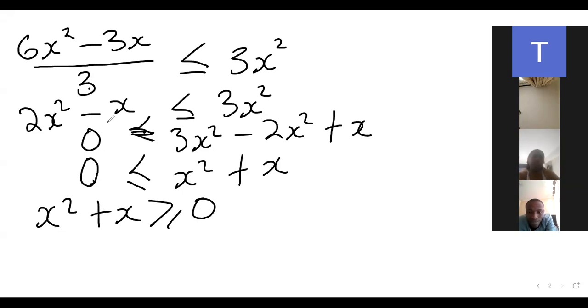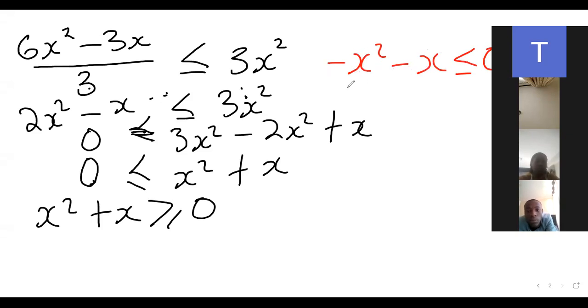In the event that I took this to the left, let's look at that scenario. It was going to be minus x squared minus x less than or equal to 0. But my coefficient of x squared is negative. I always have to make it positive by dividing by negative across.